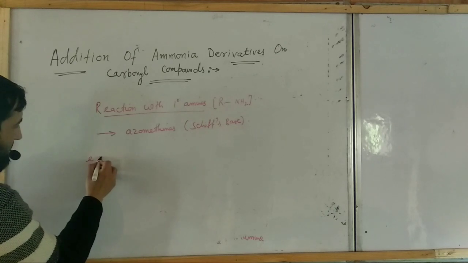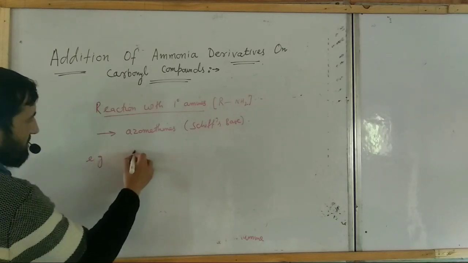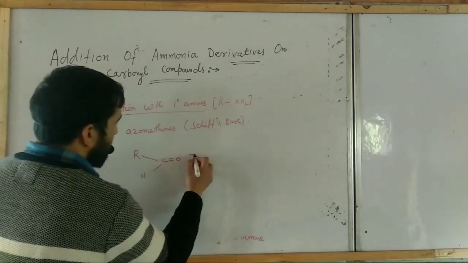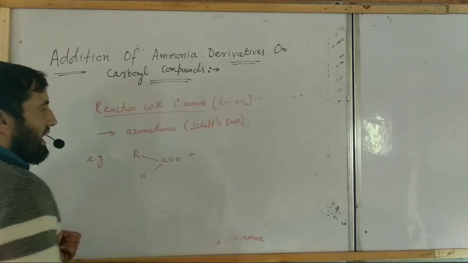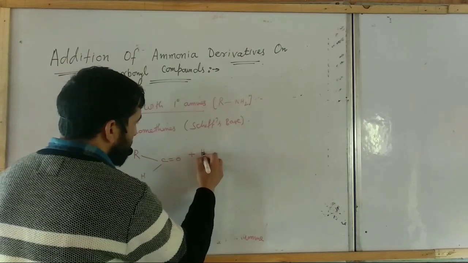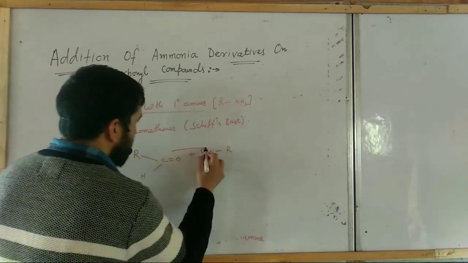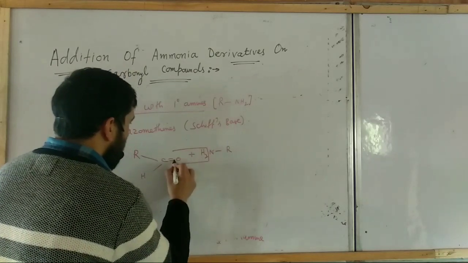For example, if we react an aldehyde like this, RC double bond O single bond H, with a primary amine, that is NH2R, there is the elimination of a water molecule just like this.